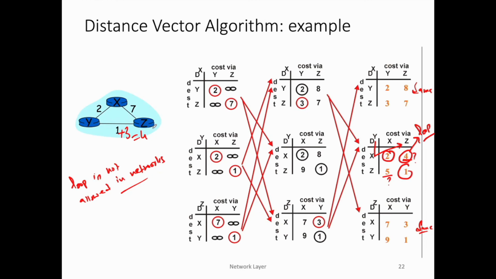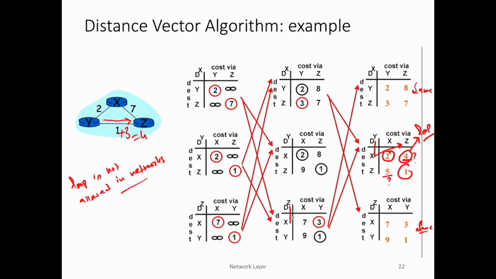So if this path is selected somehow, this means that Y will first send a packet to Z, right? And look at Z's least cost to X. Let's go to Z. What is the least cost of Z to X?